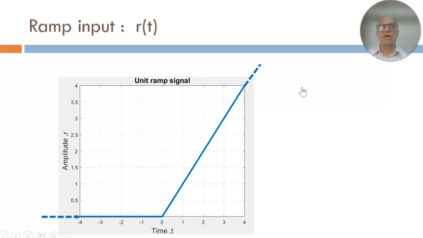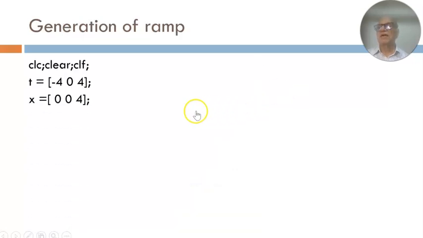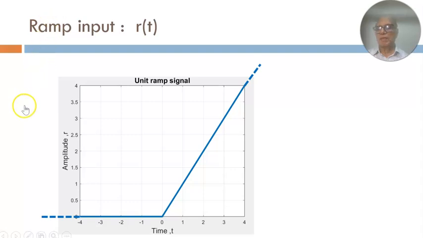Now the question is how to generate this. So the generation of the ramp, again, clear console, clear, and then clear figure. Now we need 3 points. Remember, let me show that again to you. As I said, we can't have infinite time, so we are going to simulate this over -4 second to +4 second. So you have one starting point here, and the straight line ends here.